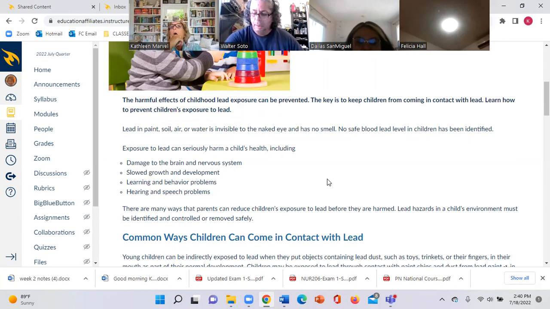In the community book that we're not using anymore, there was an excellent box in one of the chapters on lead exposure. It covered primary, secondary, and tertiary prevention.